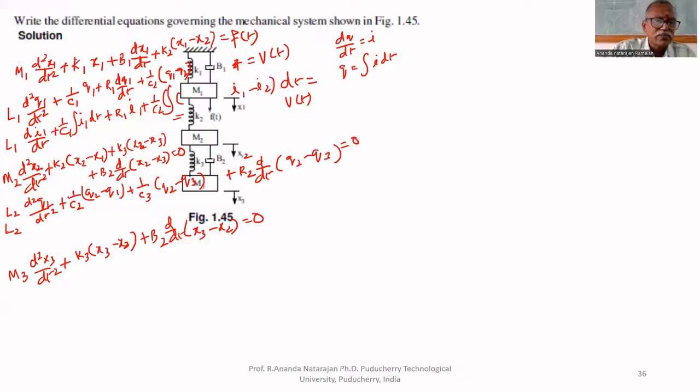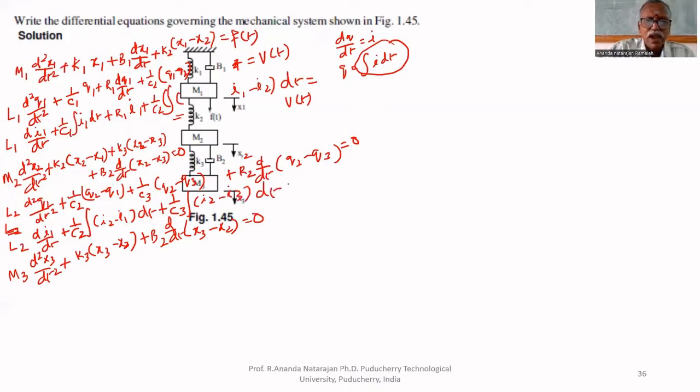So if you write this in terms of current, what you will get? L2 dI2 by dt plus 1 by C2 integral of I2 minus I1 dt plus 1 by C3 integral of I2 minus I3 dt, since q equals integral of I dt, plus R2 multiplied by I2 minus I3 equal to 0. This is the second equation in terms of current.